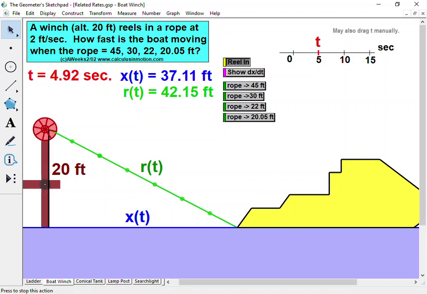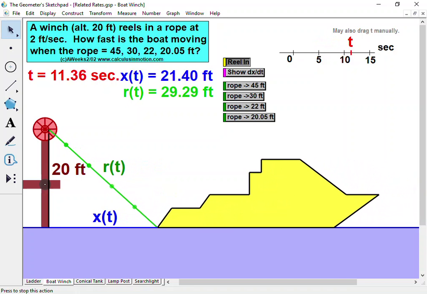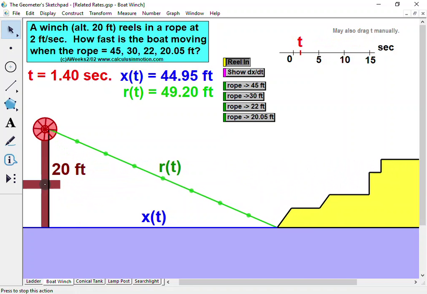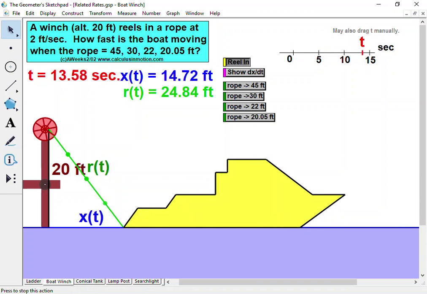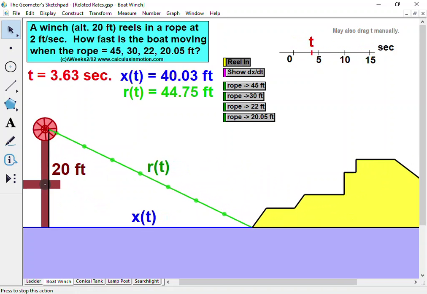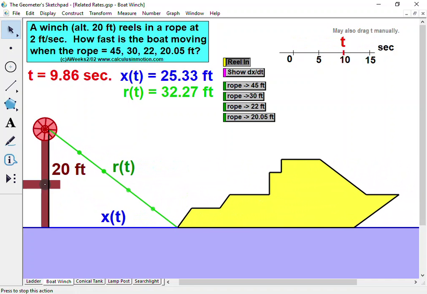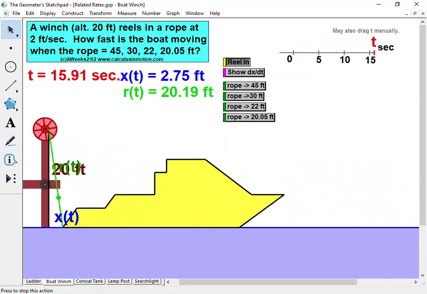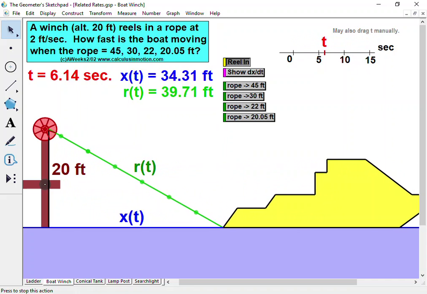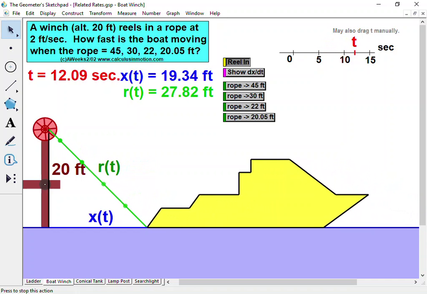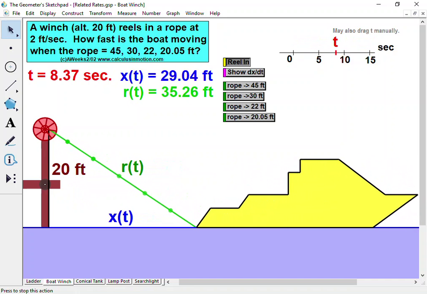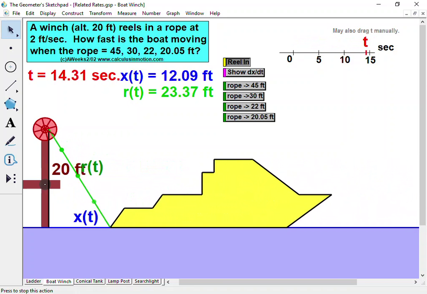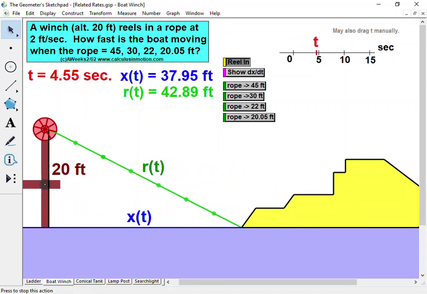But anything that's moving, you want to label with a variable on your picture. This is a boat winch.